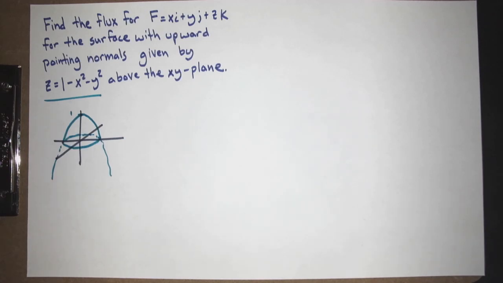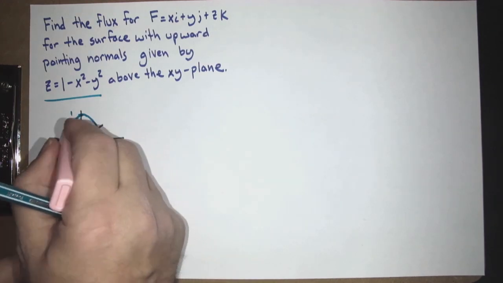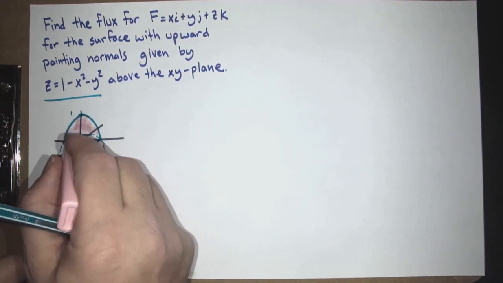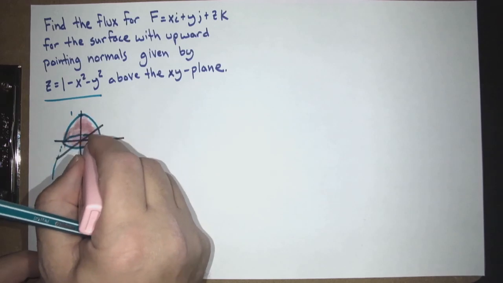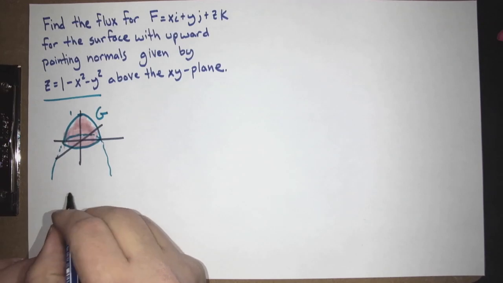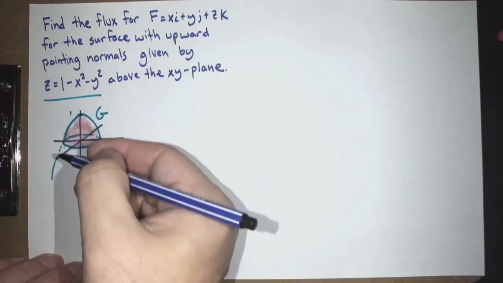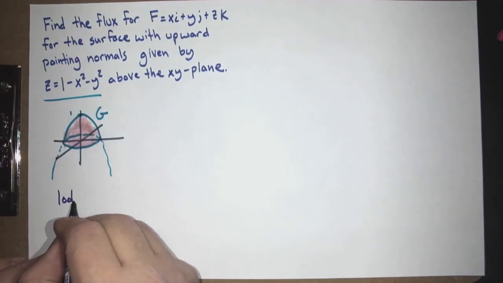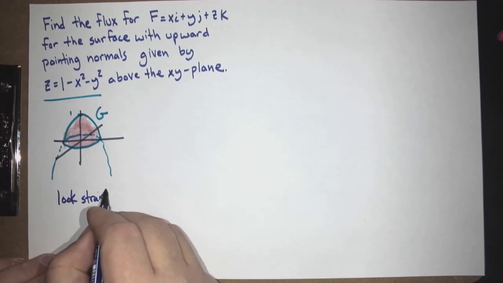Now, what's our region R? Because we're going to want to get to R. How do we find it? So this is our G, our surface. Where's our R? So to find R, imagine you look straight down the z-axis. So take your z-axis and pull it up. Look straight down. What do you see?